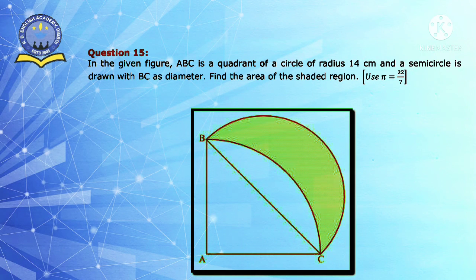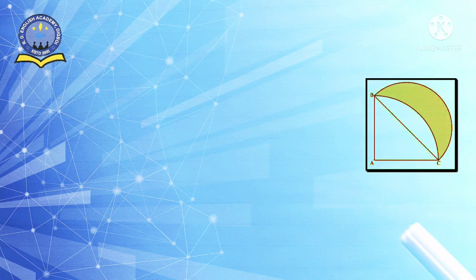As you see, the question is given, and with this question the figure is also given here, and in this figure we have to find the area of the shaded region. Let's start now. In the diagram, A, B, C, this ABC is a quadrant, isn't it?